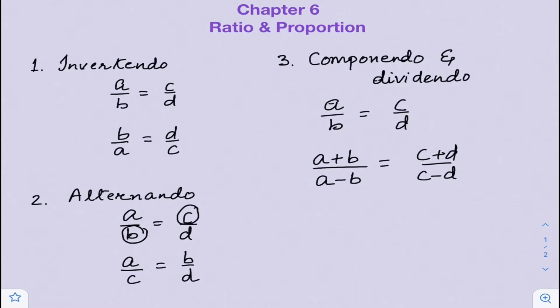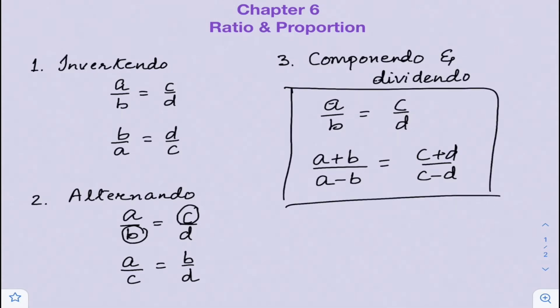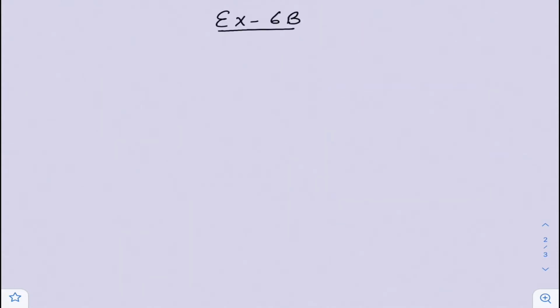This rule is very important. The other rules may be used in some questions, but this rule is going to be used in almost all the questions. So now we can start exercise 6b.